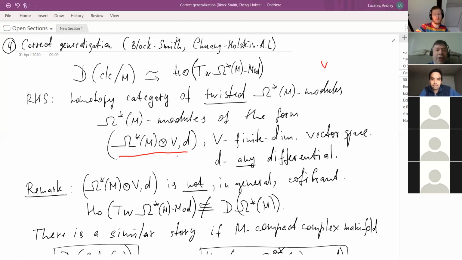So what I wrote here is an elementary twisted module, and then you do the usual thing. You take filtered direct limits and you take retracts, and you can call this a more general twisted module.